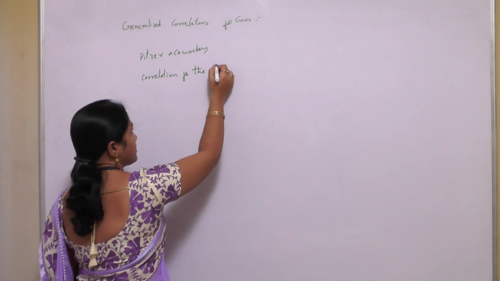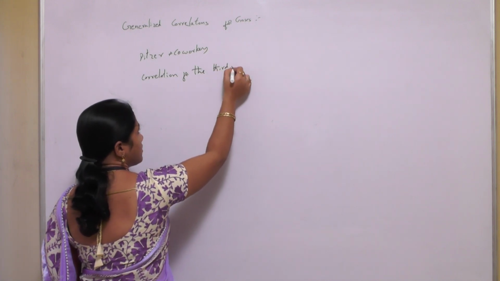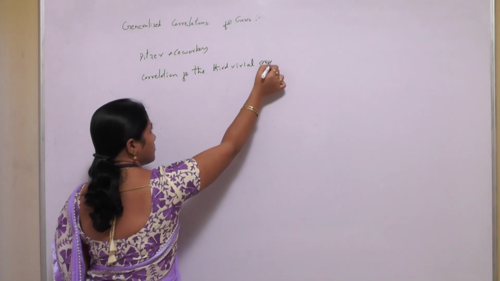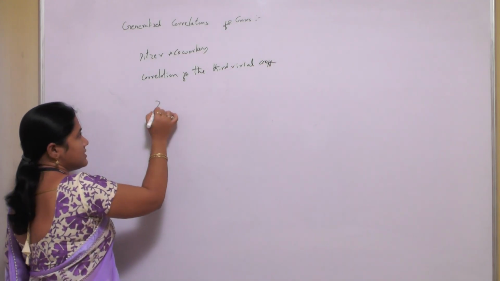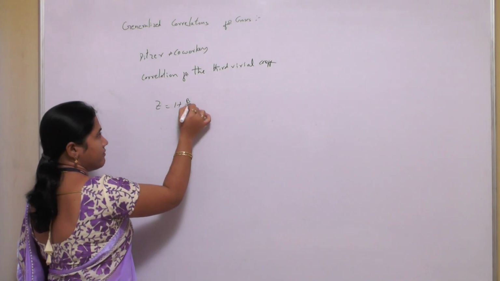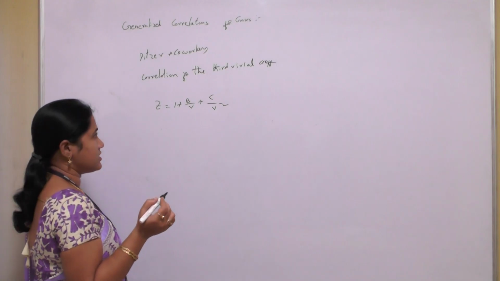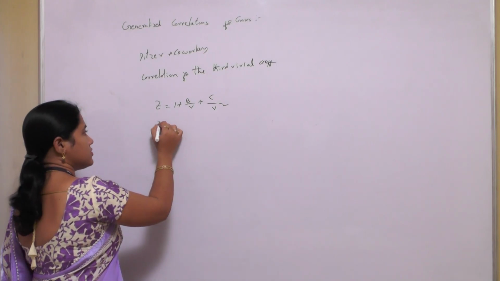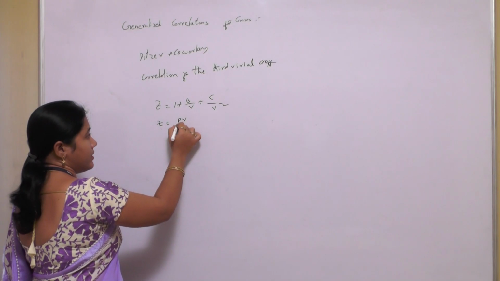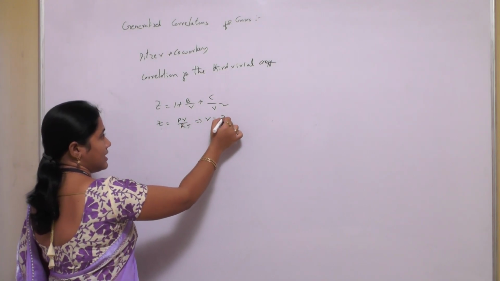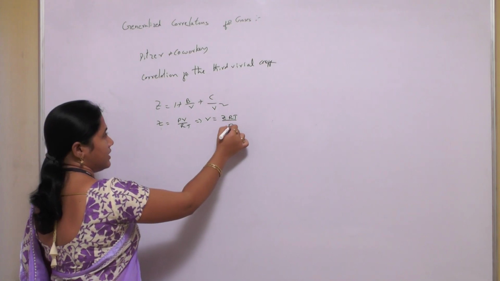We know that Z equals 1 plus B by V plus C by V square. This is the truncated virial equation, and we also know that Z is nothing but PV by RT, or V equals ZRT by P.